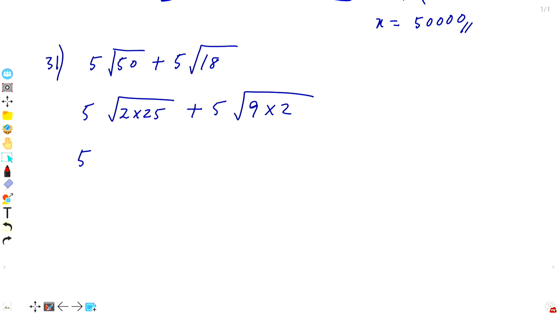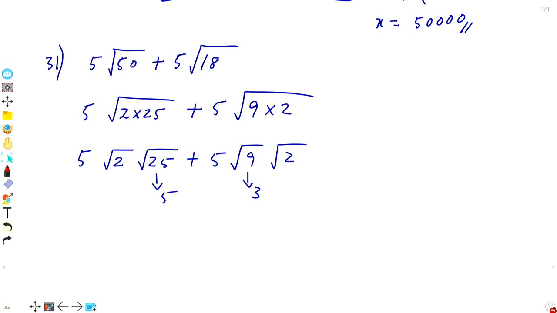So this is 5 times square root 25 times square root 2, plus 5 times square root 9 times square root 2. This is going to be 5, this is going to be 3, so it's going to be 25 square root 2 plus 15 square root 2, which is going to be 40 square root 2. That's the answer.